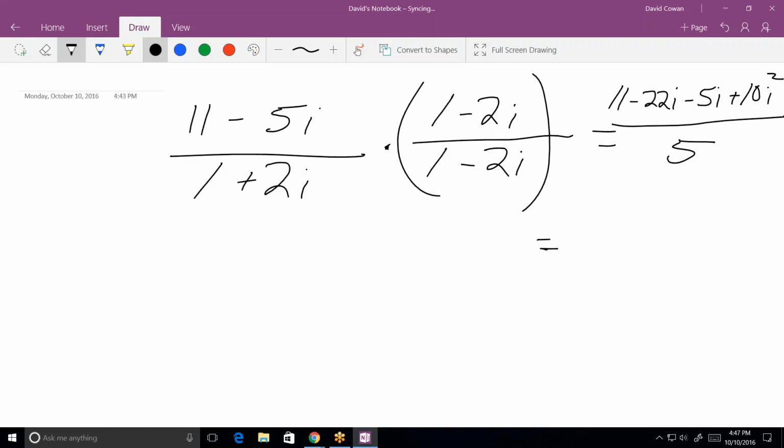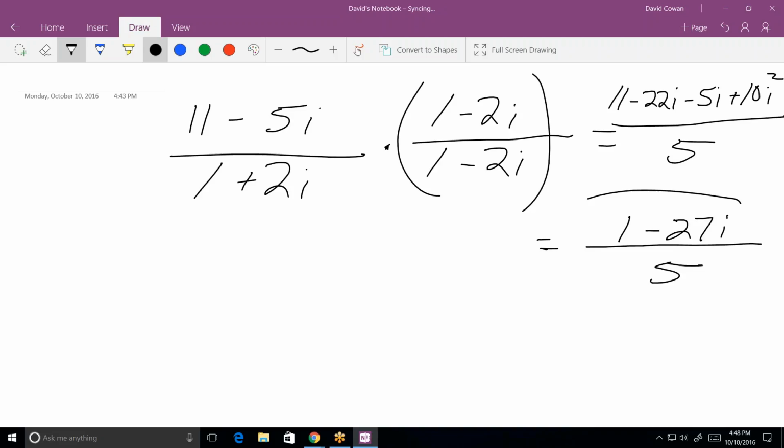Remember that you always convert i squared to minus 1, always. That's part of imaginary numbers. So combine your i's, convert the i squared to minus 1, and then combine that number with that number. What are you left with? Just 1, correct? And then how many i's? A negative 27i.